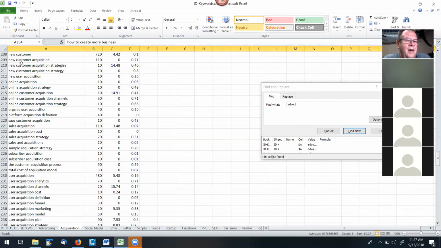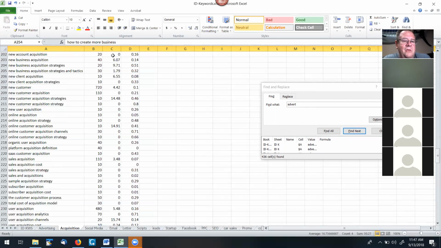It didn't work because of their strategy. Look at this. New customer acquisition, 110 people a month and zero competitors, zero dollars on ad spend. So, is that a good keyword for me? Probably, yeah. I could create a landing page for new customer acquisition and probably convert very well for those people that are looking for that keyword.